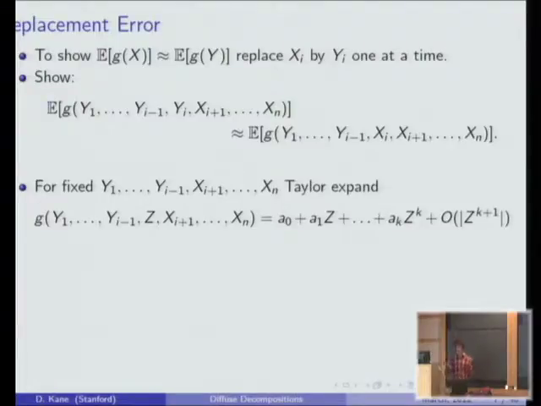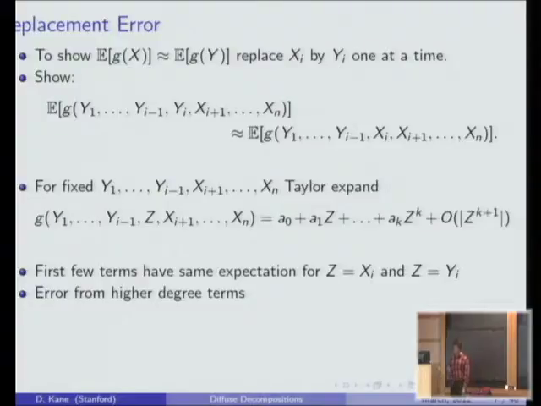So if we call this ith coordinate z, then g of y1 through y_{i-1}, z, and then x_{i+1} through xn is some polynomial a0 plus a1 z plus etc., plus some error term. And the point here is that we want to evaluate the expectation setting z equal to xi or z equal to yi. But by assumption, those have their moments agree, at least the small order moments.